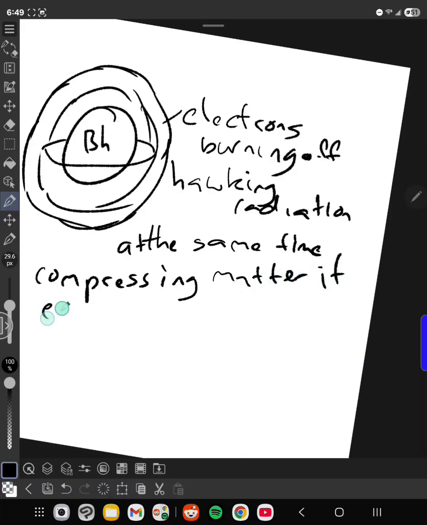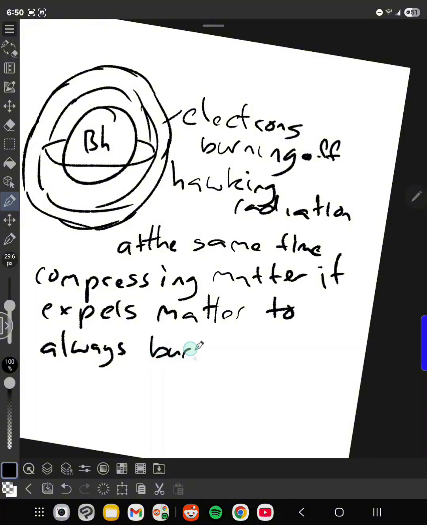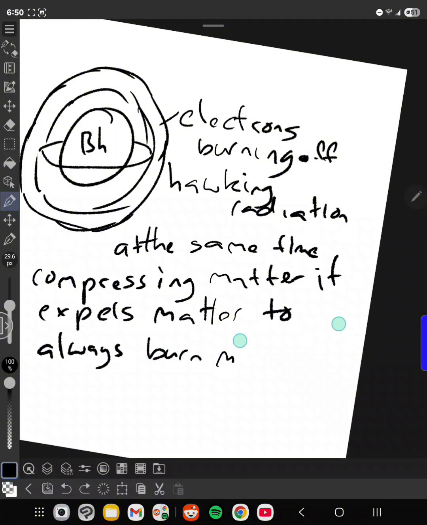It expels matter to always burn material. Let's say burn material. Sorry, it's messy.